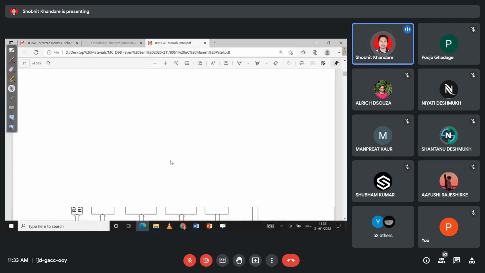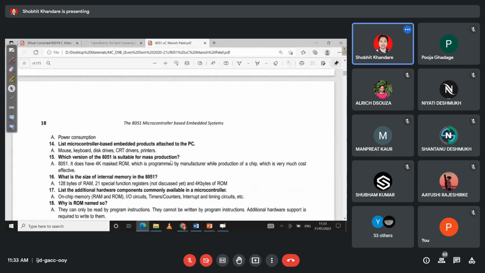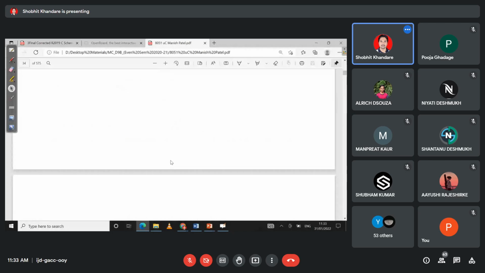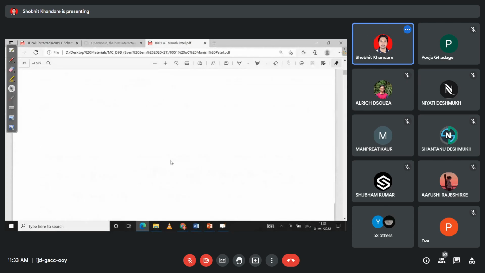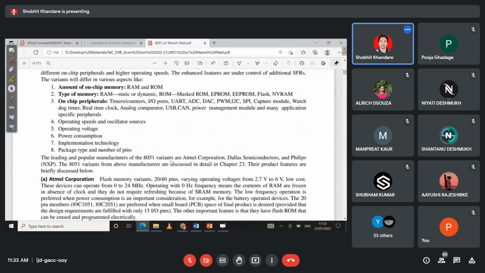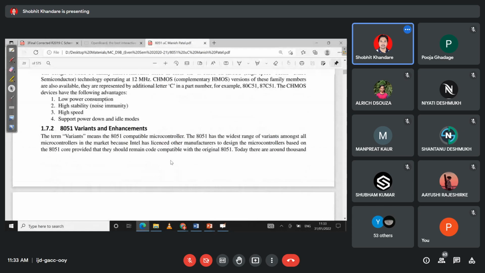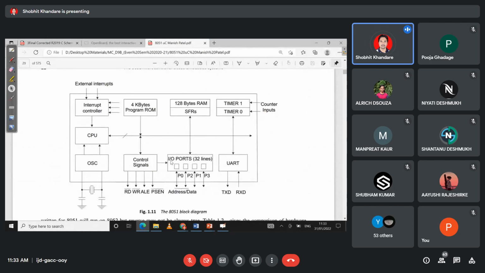Let me show you that block diagram. Yes, this block diagram. If the question is asked in the exam to explain the block diagram, you draw this, because there is a detailed block diagram also.